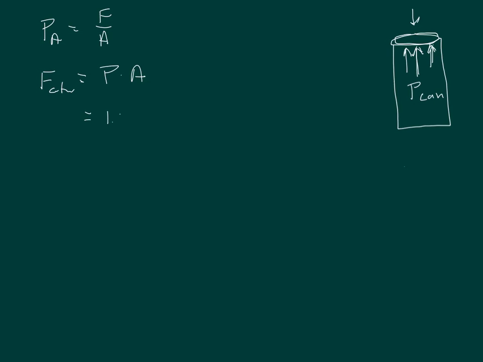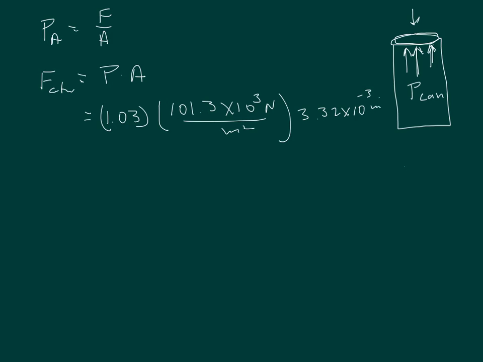In this case, it's 1.03 atmospheres, and we know that an atmosphere is 101.3 times 10 cubed pascals, which would be newtons per square meter. And we calculated the area already to be 3.32 times 10 to the minus 3 square meters. That gives the atmospheric pressure pushing down a force of 346.5 newtons.